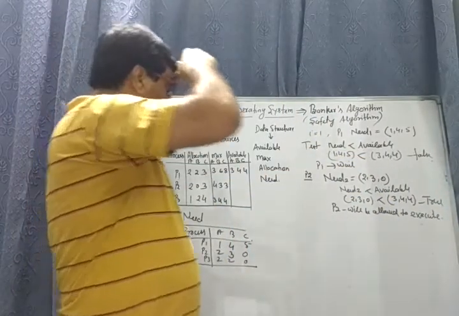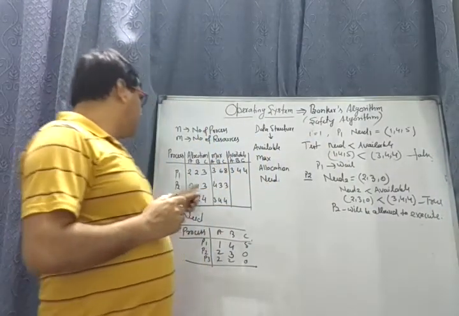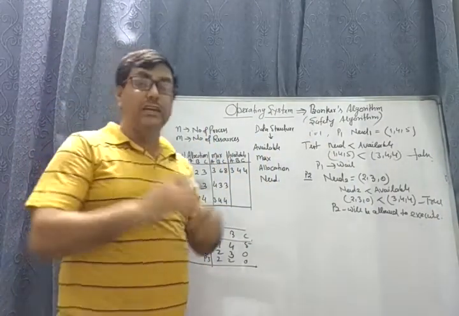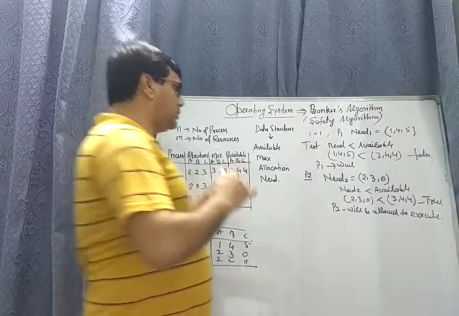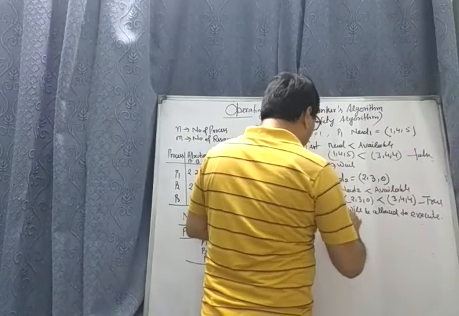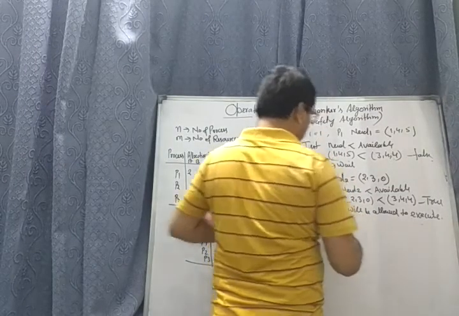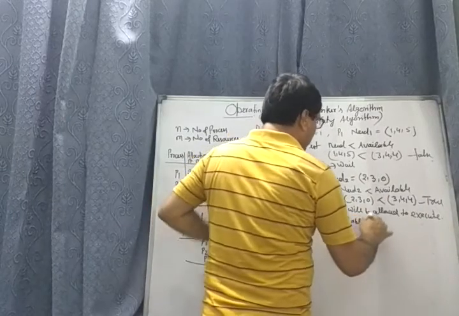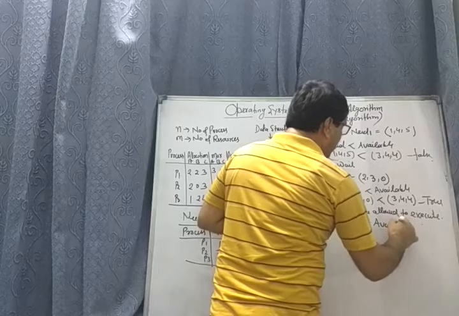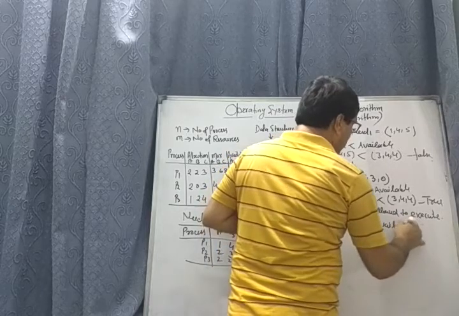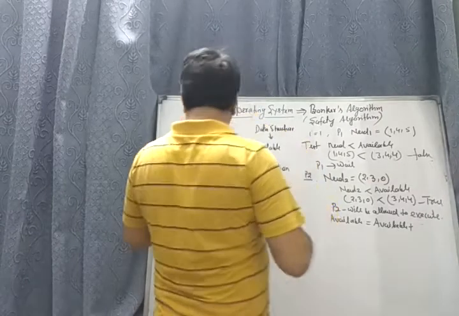Again, here when the process executes, its allocated resources will be released. Then allocated resources will be released. That means the total availability of resources, available, is equal to available plus allocated.